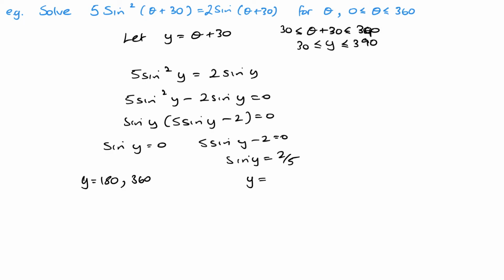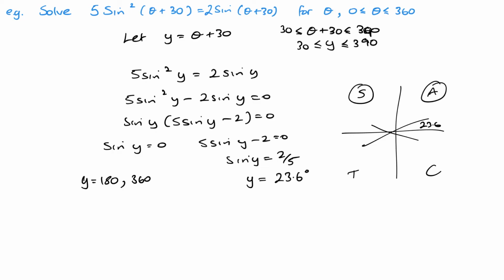For this one, we'll get the acute angle first. So we want inverse sine of 2/5, so we get 23.6 degrees. Thinking about my CAST diagram, that's my acute angle, 23.6. Sine y equals 2/5 is positive, so these two sections.